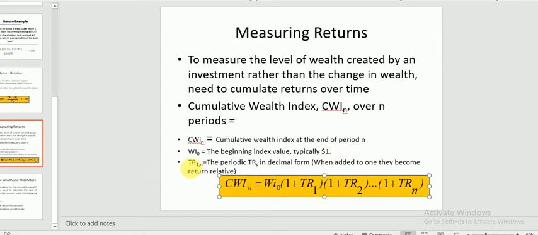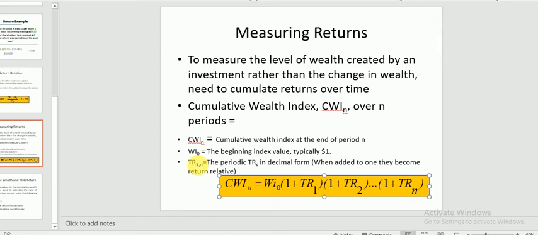Okay, the third one, TR1 up to n. The period total returns in decimal form, when added to 1, become the return relative. As I told you, total returns will always be in percentage form.